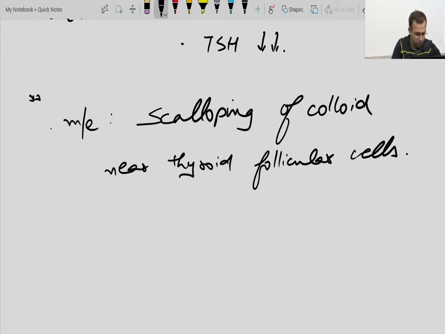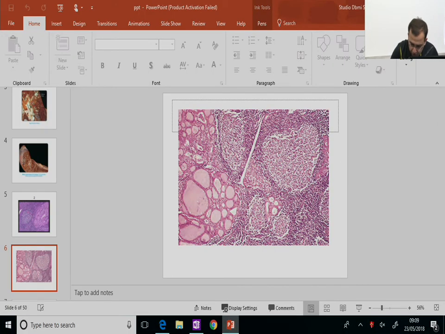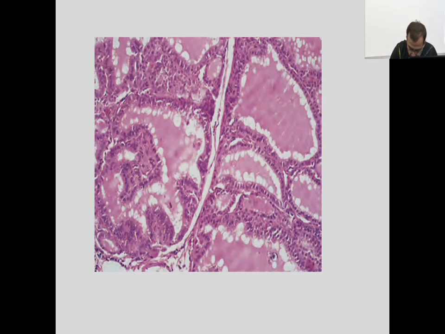So before we go further, let us see what it looks like microscopically. This is Graves'. Let us see with arrows. What we have here is the presence of thyroid follicles with colloid in it. This is colloid, thyroid follicles with colloid.